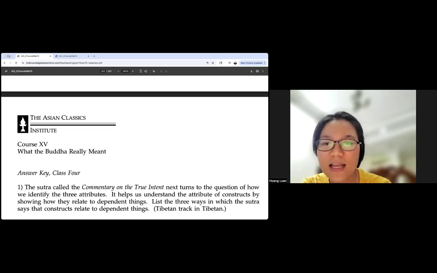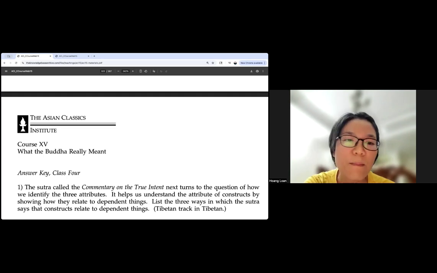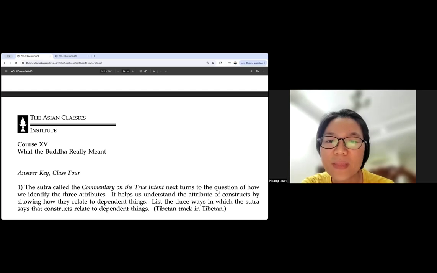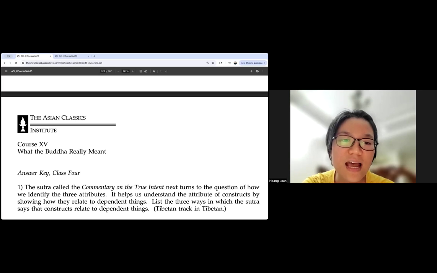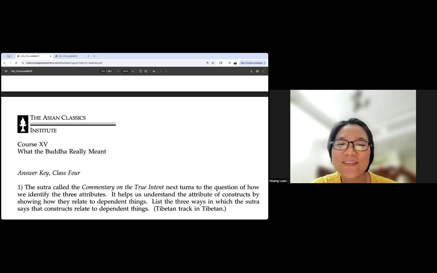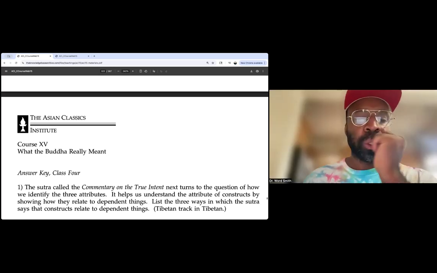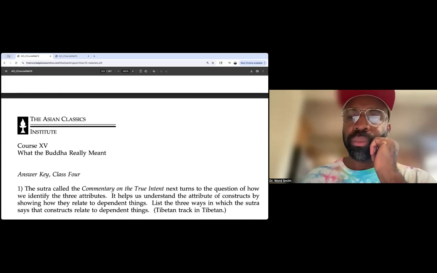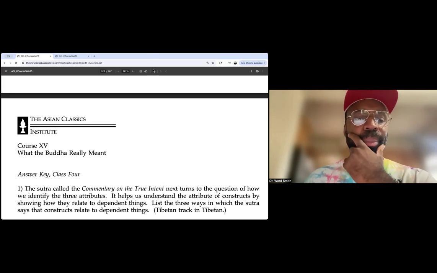It helps us understand the attribute of the constructs by showing how they relate to dependent things. List the three ways in which the sutra says that constructs relate to dependent things.